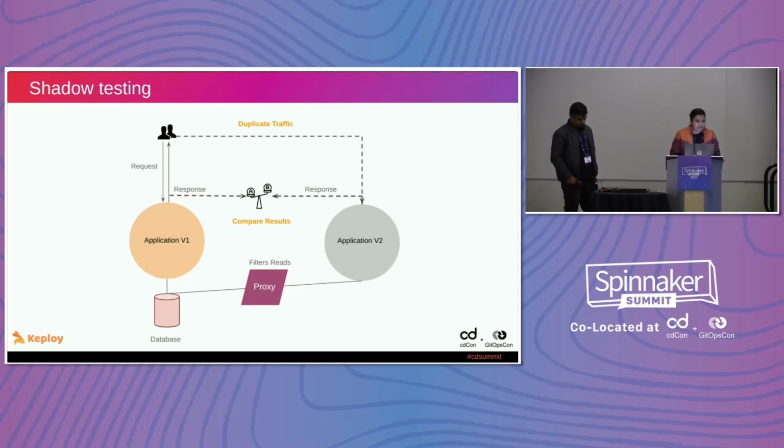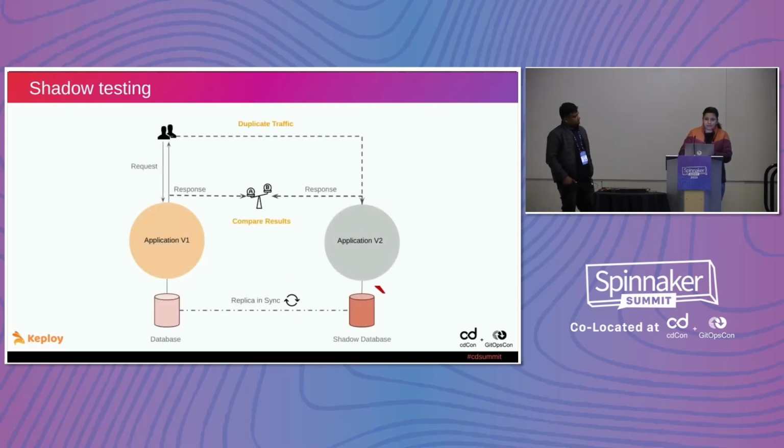So what we planned was to create an in-sync replica of our production database and connect the version 2 part of the application with that. In theory, it makes sense, but in practice, there was a replication lag.